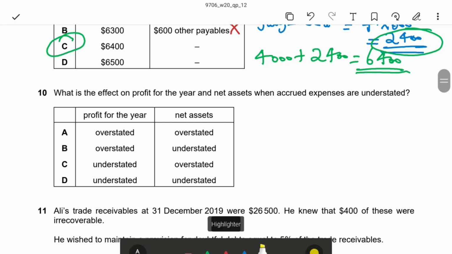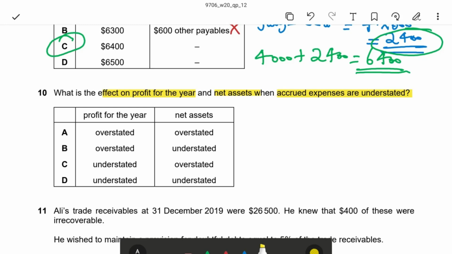Next, question number 10. What is the effect on profit for the year and net asset when accrued expenses are understated? Accrued expense is a current liability of the business.